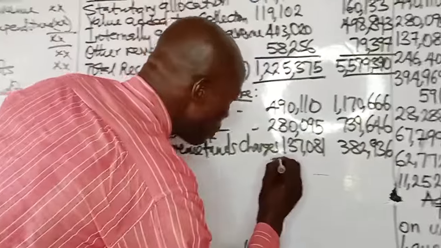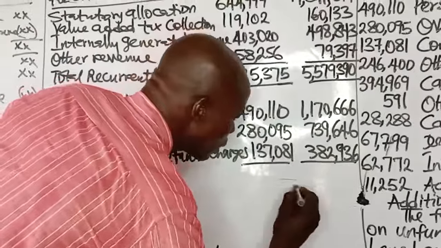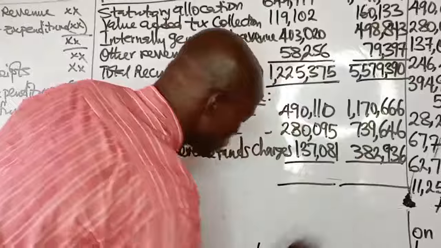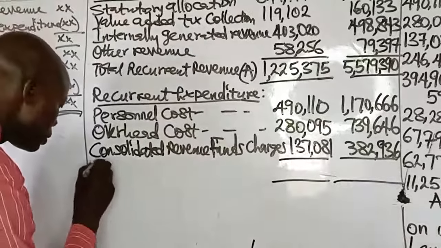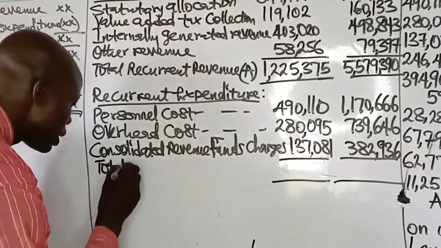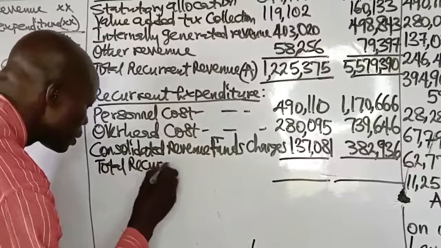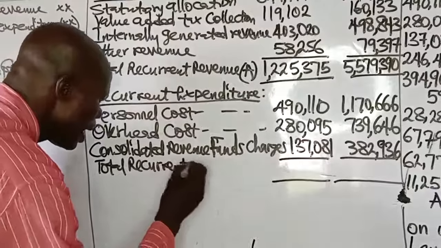Now, let's sum it up. Total recurrent expenditure. Let's have that as B.